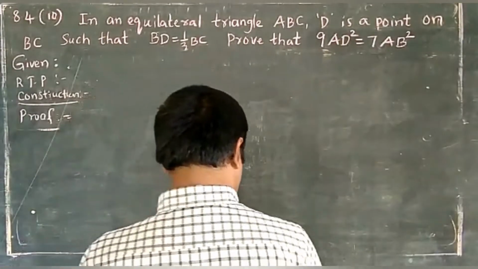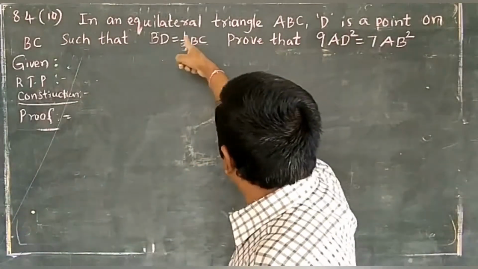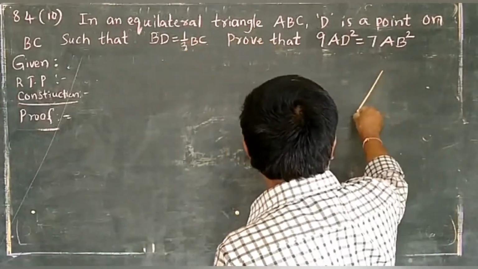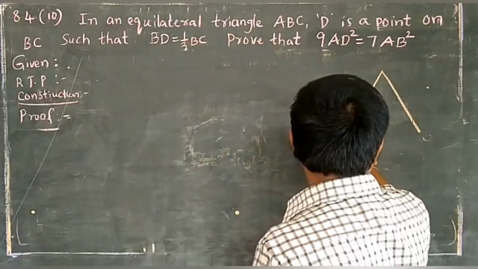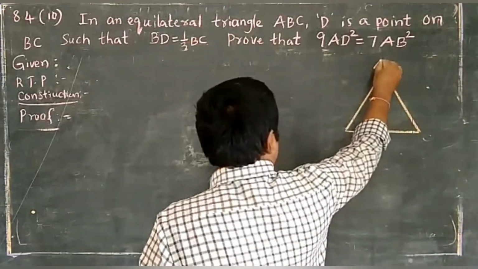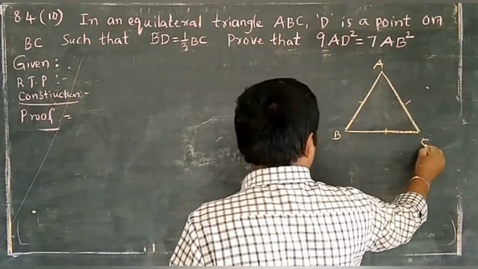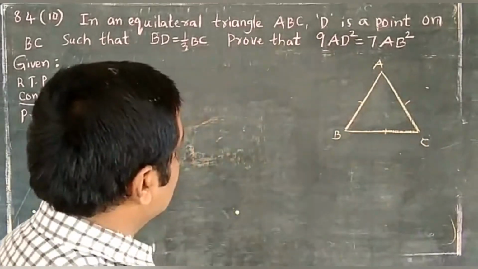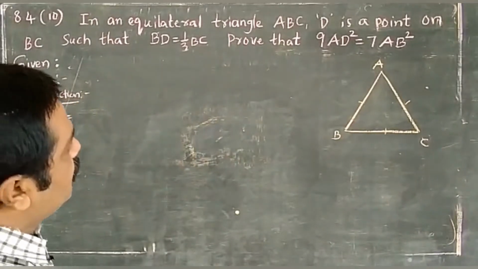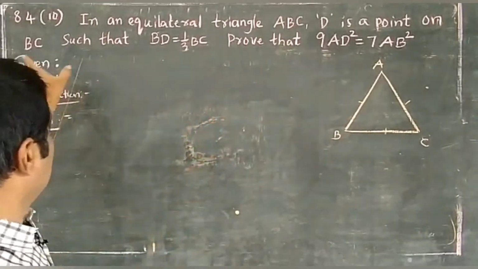Now, first we have to draw an equilateral triangle. Is it clear? And the given information is that D is a point on BC.